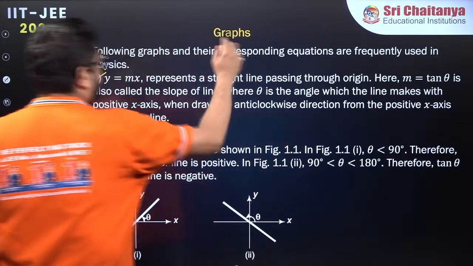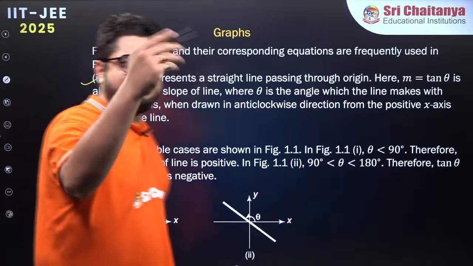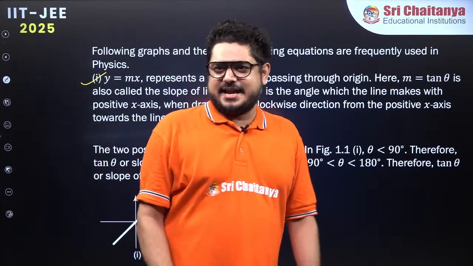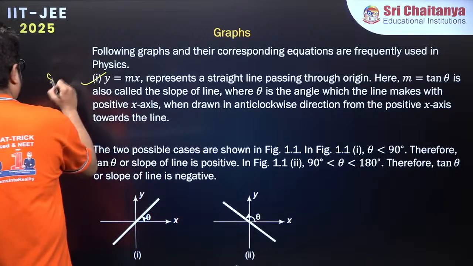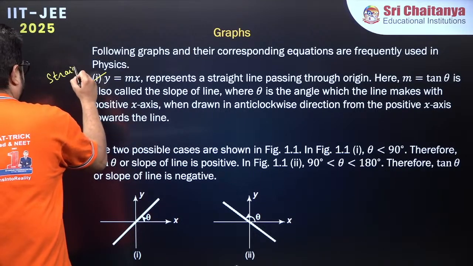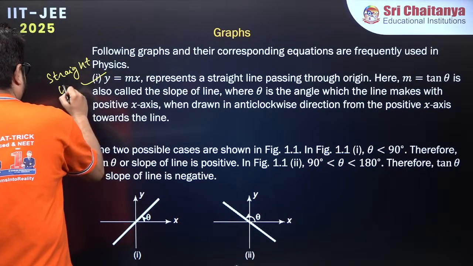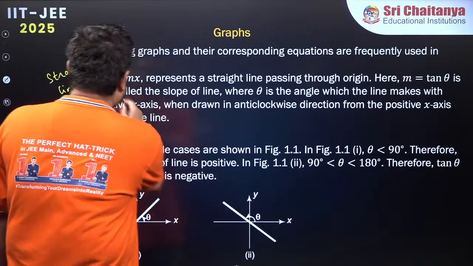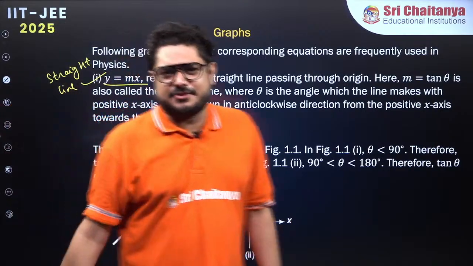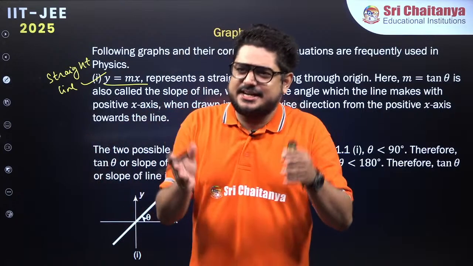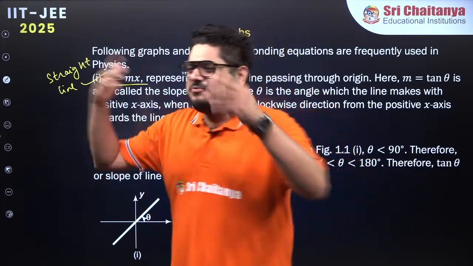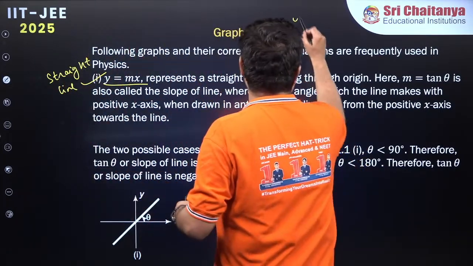So you can see that the following graphs and the corresponding equations are frequently used in physics. Okay, in physics we will use these equations. The first is going to be the straight line. You can write it down, the one which I marked with 1. So y = mx is going to be the equation of a straight line. Before we initiated calculus, I said that y = f(x), isn't it?